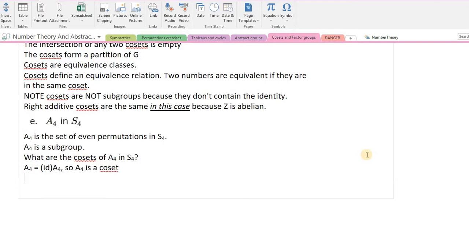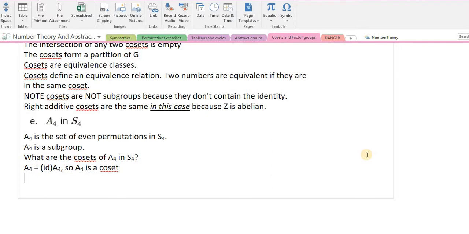Now here I mentioned that even permutations are a subgroup. What about odd permutations? Are they a subgroup? Is it only 1 and the even is 0?